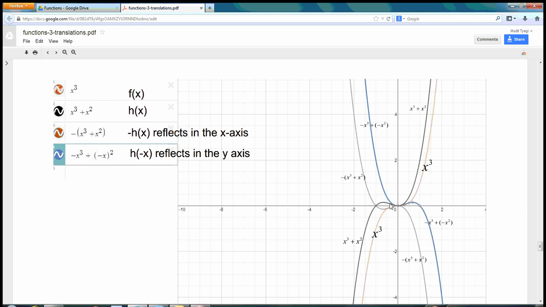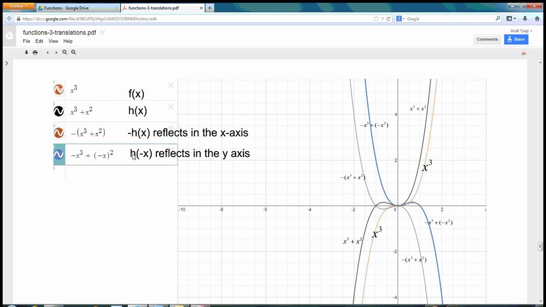So this little bit is reflected right here, and this part is reflected right there, and this part is reflected right there. So each part of the x cubed plus x squared function, we see it reflected in the x-axis.